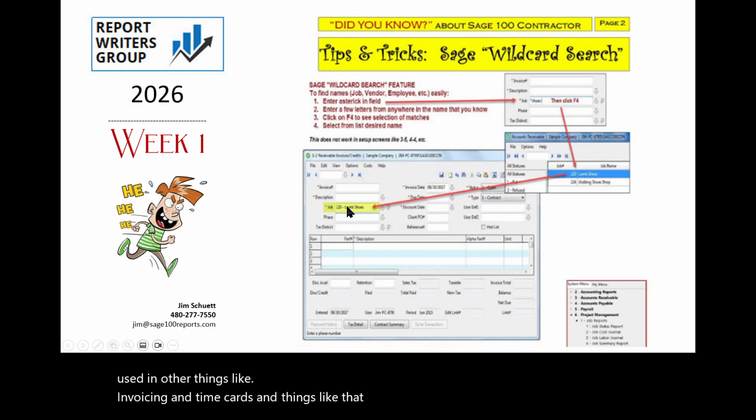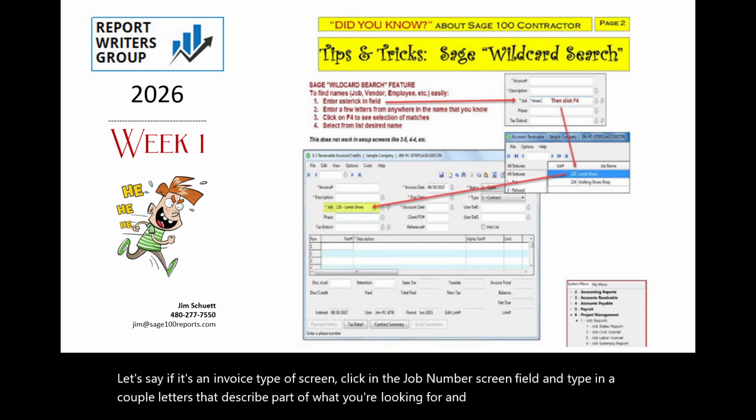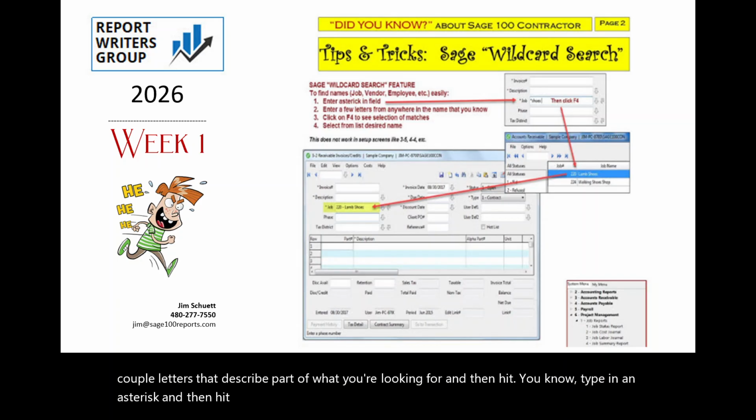So if you're trying to look up a job number, you click into, let's say if it's an invoice type of screen, click in the job number field and type in a couple letters that describe part of what you're looking for, and then type in an asterisk and then hit the F4 key. Again, asterisk after your letters and then F4.